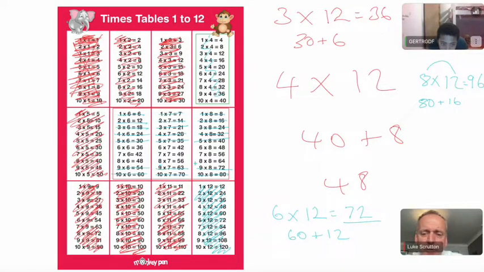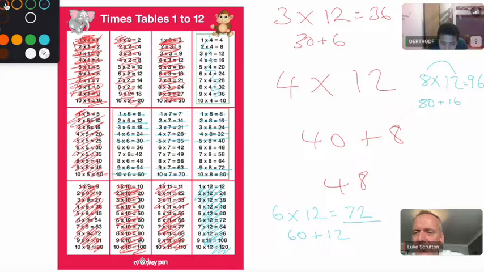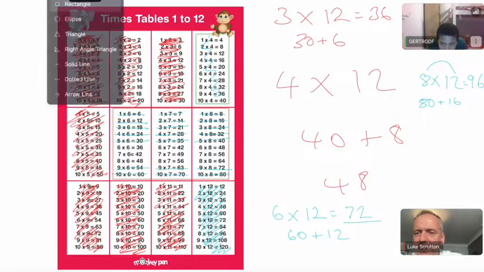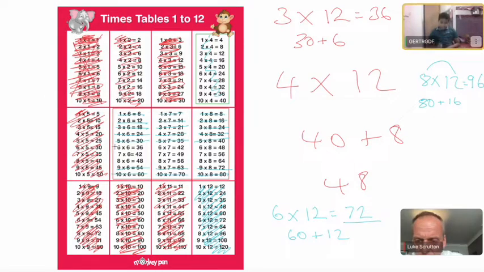So how many times tables do we actually need to learn, Alzane? There's only these ones here in orange. Can you see? How many are there? 9. Can you remember 9 things? Yeah. Fantastic. I can write it down in my list.